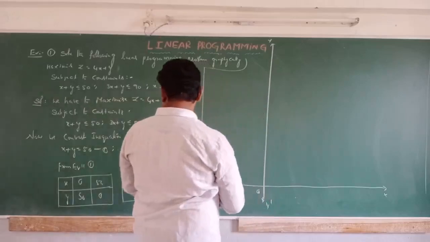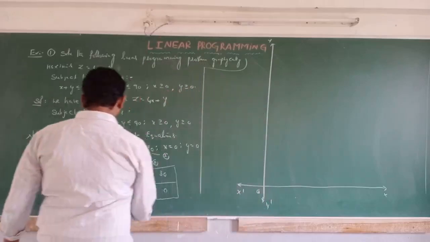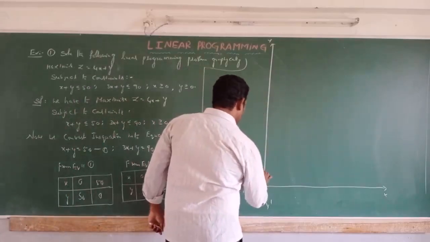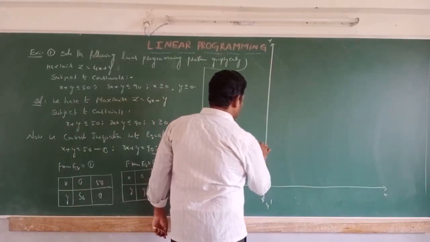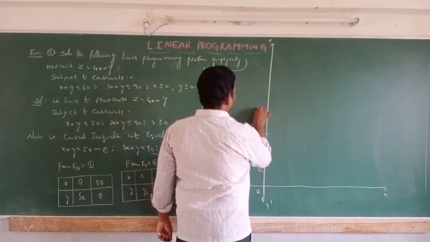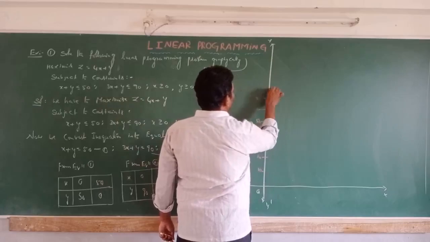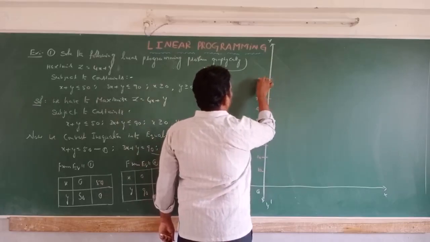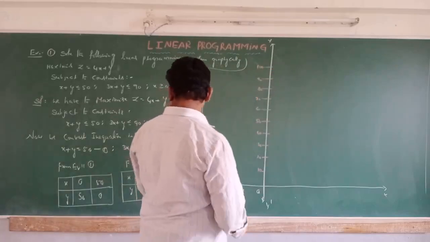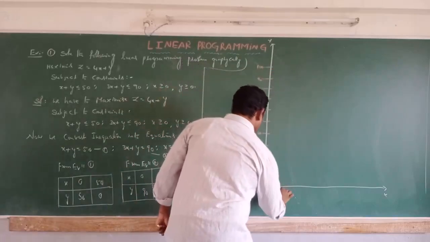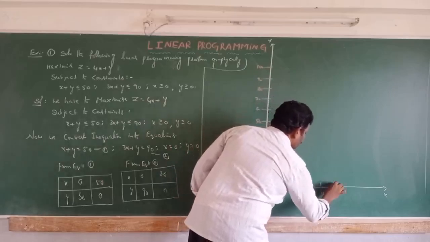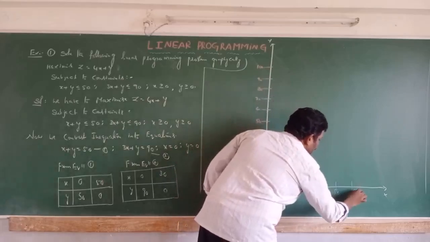Now if we take the points, the maximum x is 50 and the maximum y value is 90. So we mark the values 10, 20, 30, 40, 50, 60, 70, 80, 90, 100 on the y-axis. Okay? And on the x-axis the maximum is 50, so 10, 20, 30, 40, 50, 60.